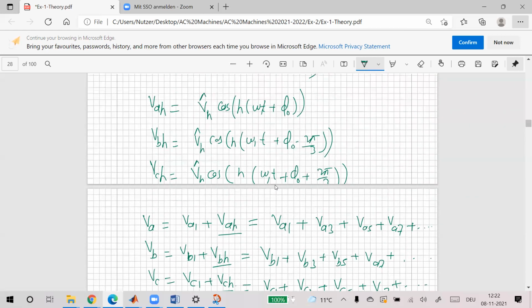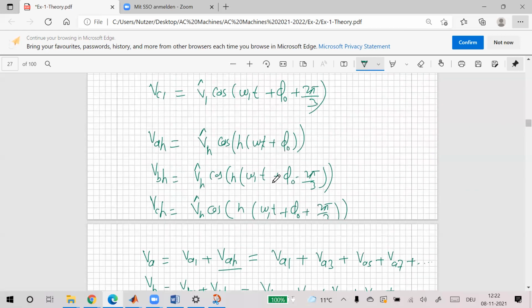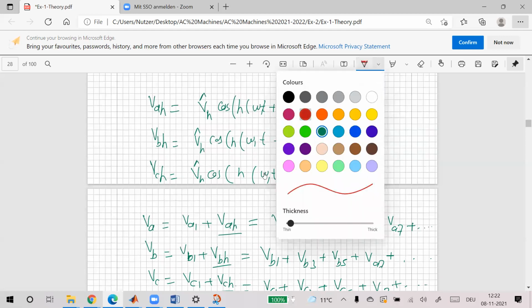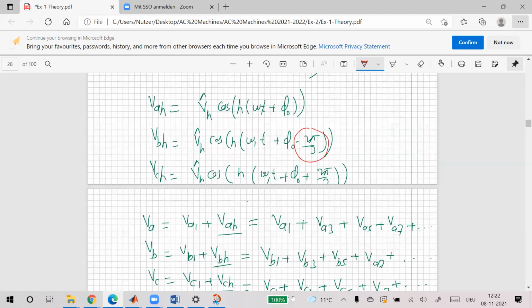So let us analyze one interesting thing, that some harmonics are positive sequence and some harmonics are negative sequence. How do you know that? It's basically these terms that decide whether we have positive or negative sequence harmonics.